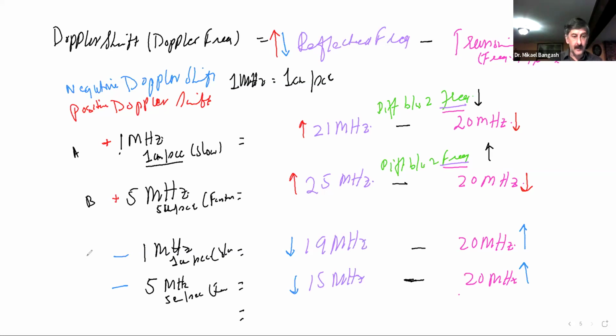Likewise, in C, the numerical difference between the two frequencies was still just 1. In D, the numerical difference between the two frequencies was still high, which was 5. Did that make sense?